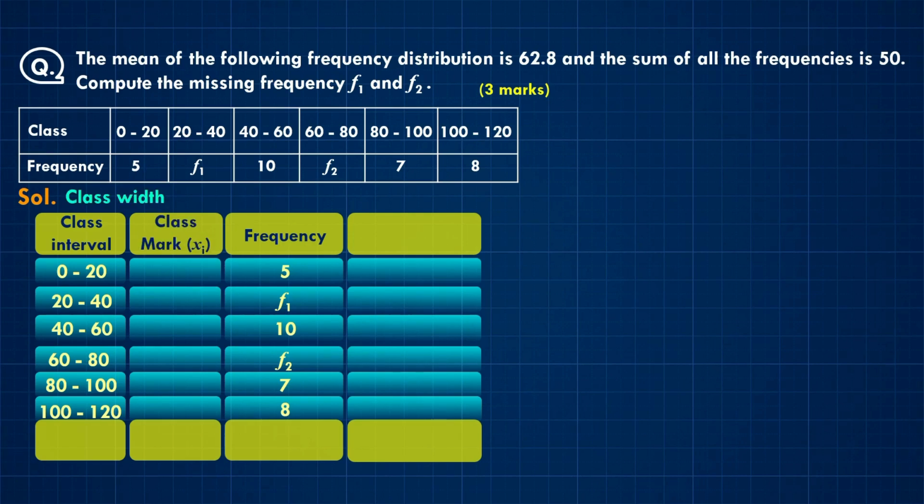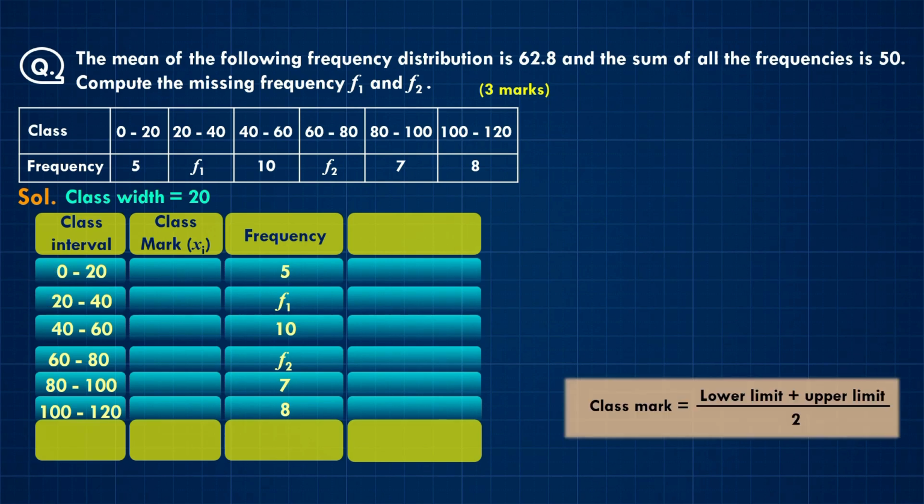Now to find the class mark, first we need to calculate the class width. Class width is the difference between two subsequent class intervals. Either we take the lower limit and subtract, or the upper limit and subtract. So here 20 minus 0 is 20. And to find the class mark, what is the formula?